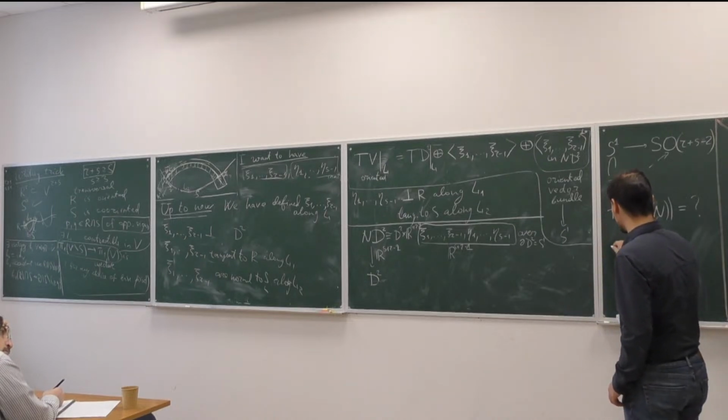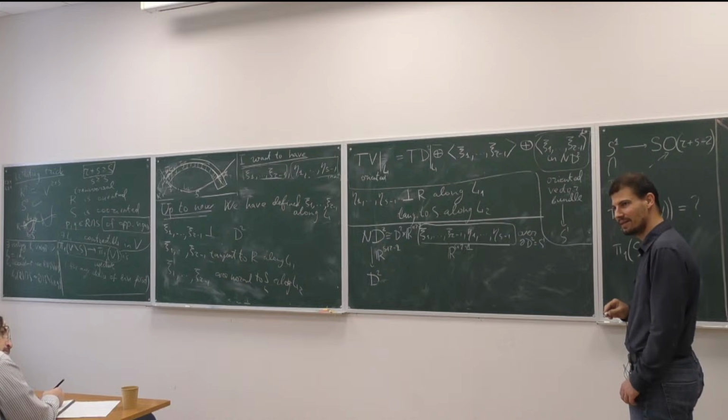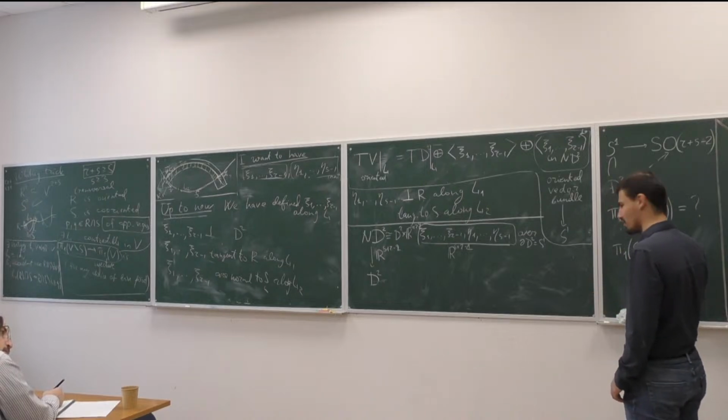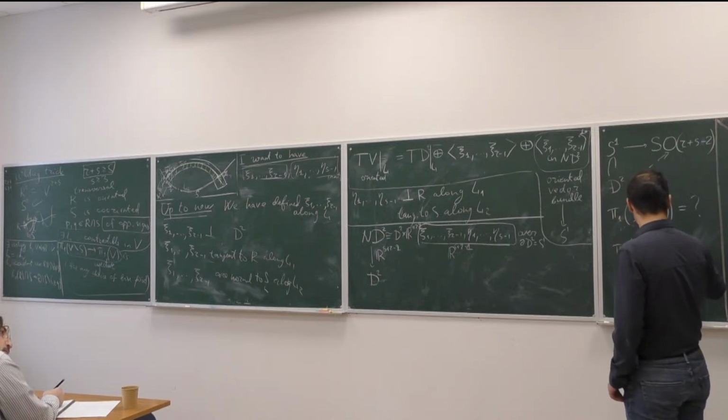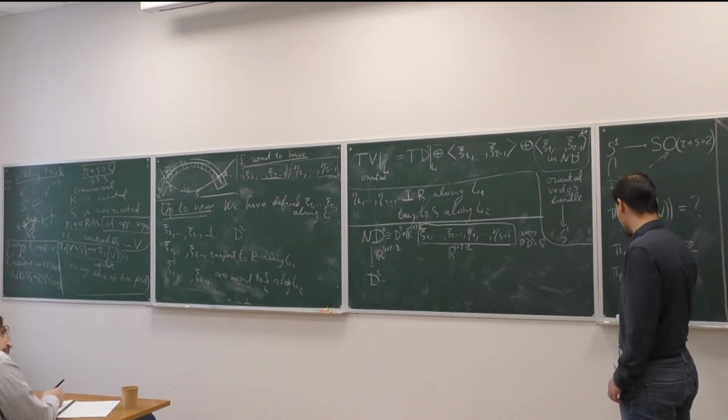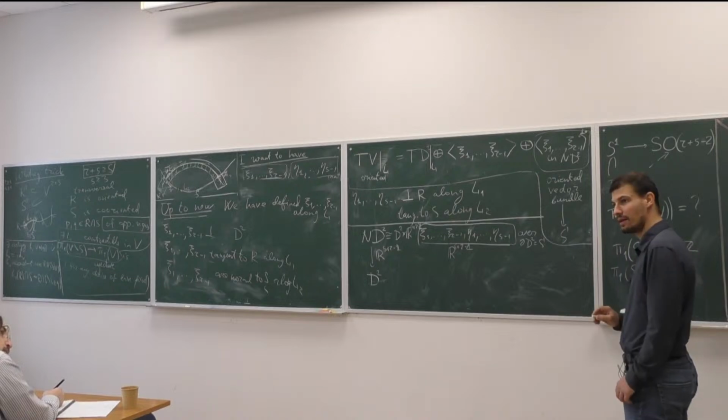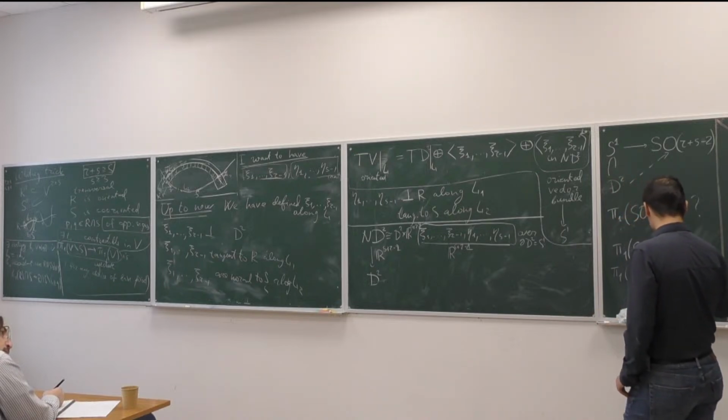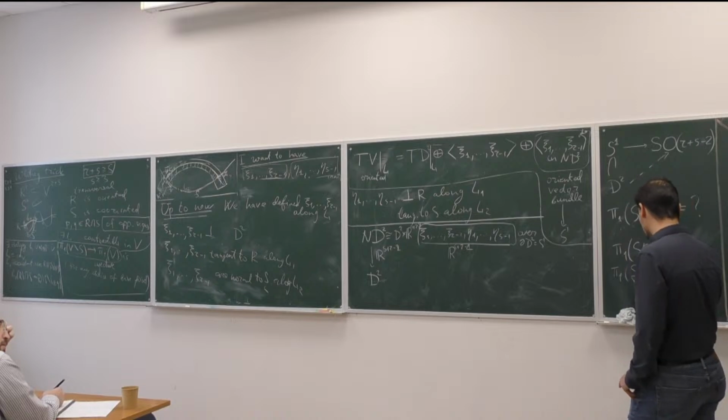The answer is that when n equals 1 it is not interesting, it is just a point. For n equals 2, this is Z, this is the circle. If you have SO(3), the fundamental group is Z over 2Z, since this is a standard fact.